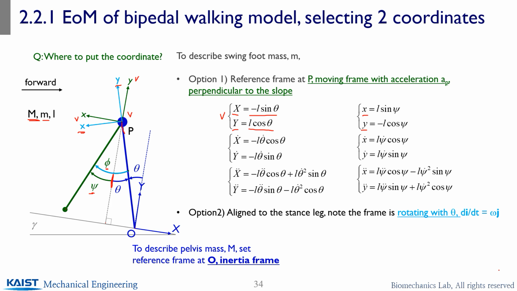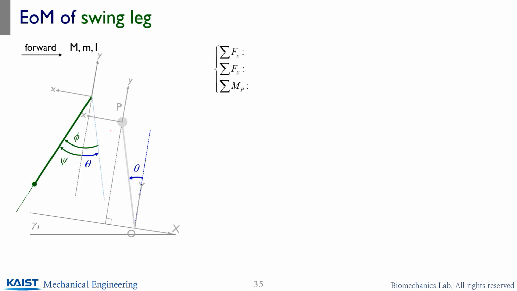So in that case, note that when you are taking the kinematics relationship from the position to the velocity and velocity to the acceleration, when you take the derivative of the unit vector, note that unit vectors are under the effect of rotational motion. Okay, so in these slides, we are going to work with option 1, but definitely you can do the other option for the coordinate selection.